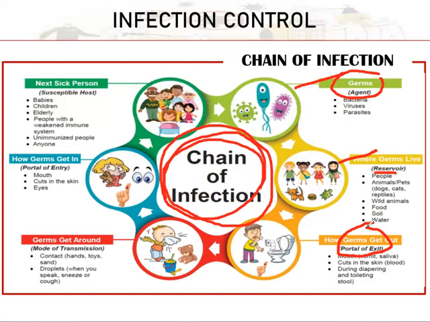So if you have ubo, the portal of exit of the pathogen that you have inside your body is through the mouth. So during your ubo or during your chika-chika with your seatmate, or when you vomit, that is the portal of exit. Another one, if you have cuts in your skin, the blood will come out. That is an ideal portal of exit.